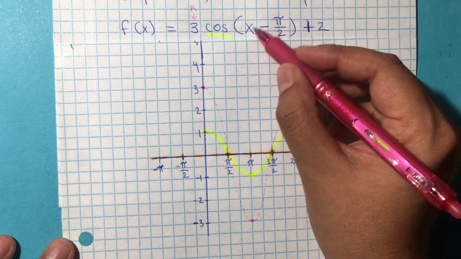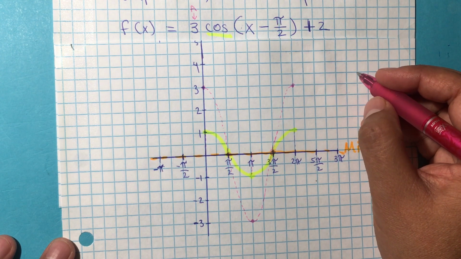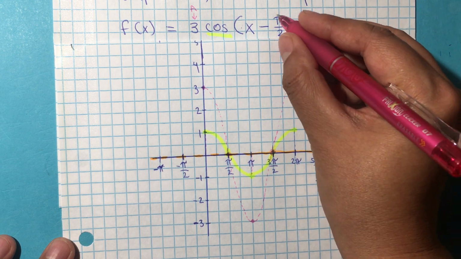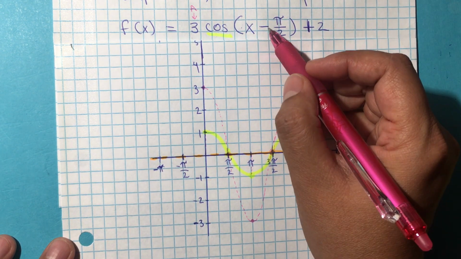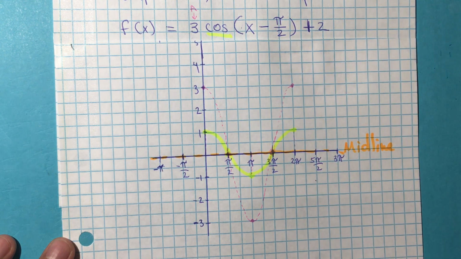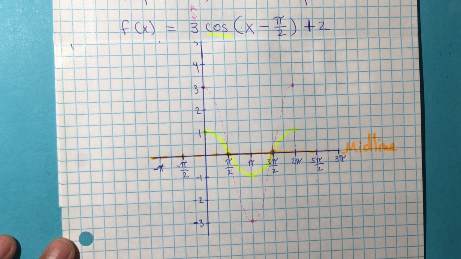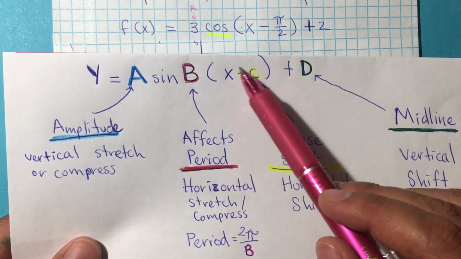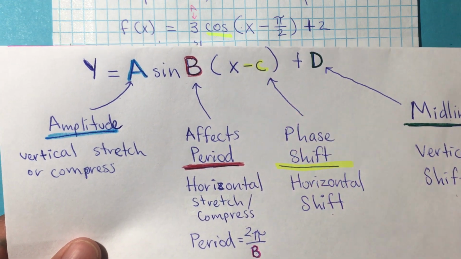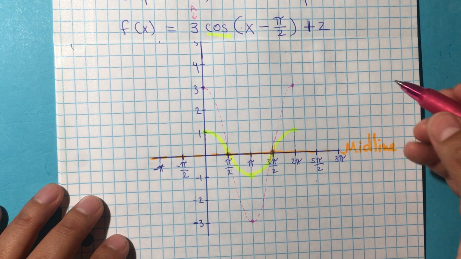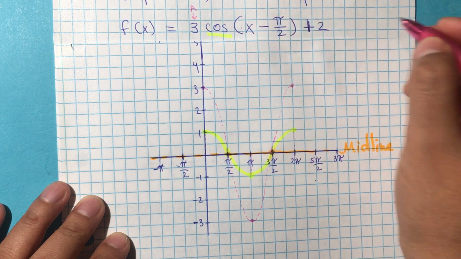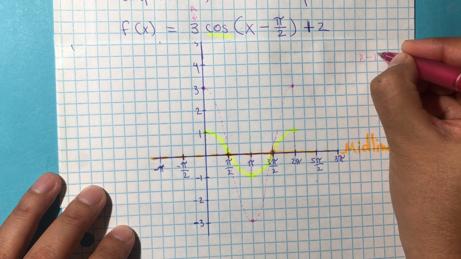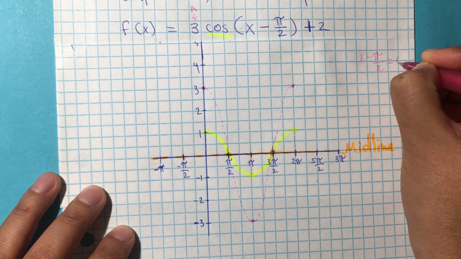How do we find the horizontal shift? Also called the phase shift. So to do that, we're going to equal whatever is inside of the parentheses. And some people just say, oh, just get the opposite of this because it's negative c. Remember from the first part of this video, we see negative c. That means you change the sign. Or you can just equal the whole thing inside of the parentheses to 0. So x minus pi over 2 is equal to 0.